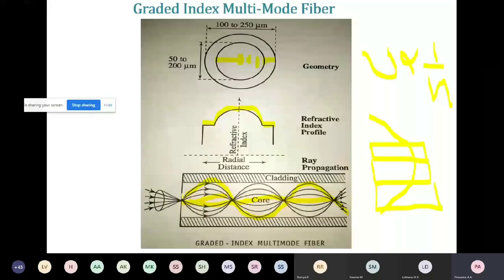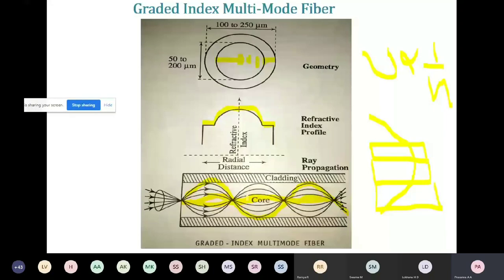Therefore, it goes faster on average. This is faster than the rays propagating within the interior of the core. So this light ray will travel a shorter distance but go slow, because the refractive index is high in this region.